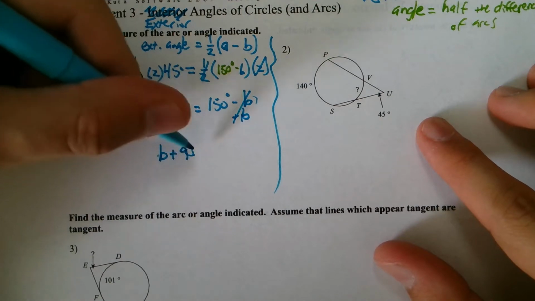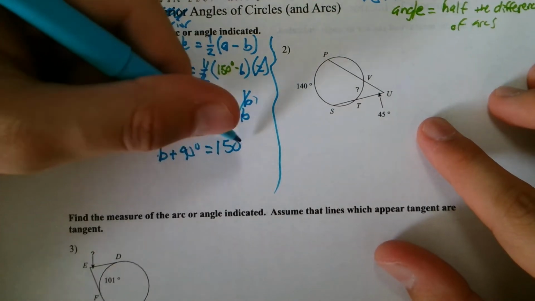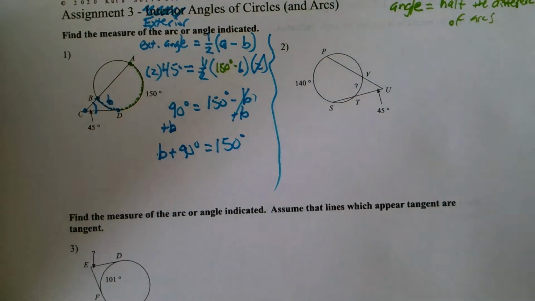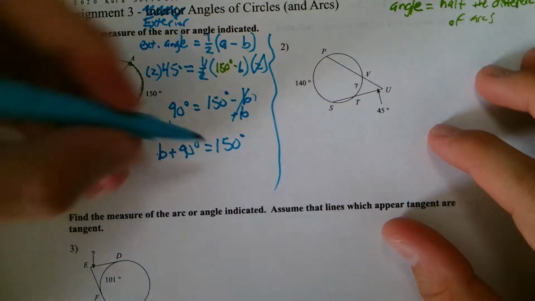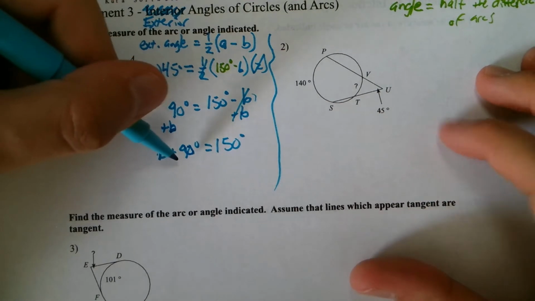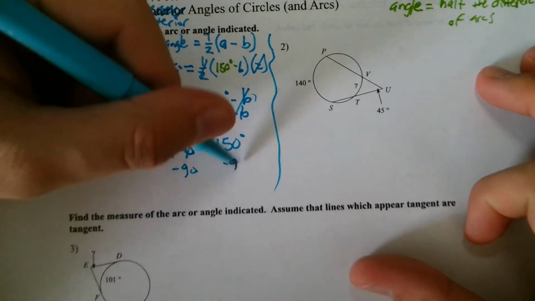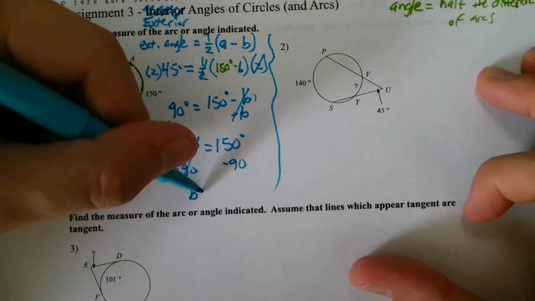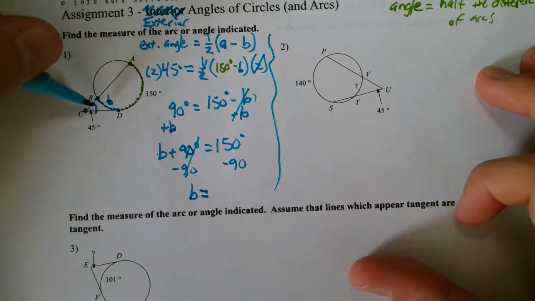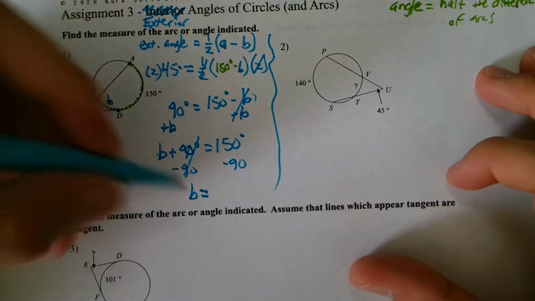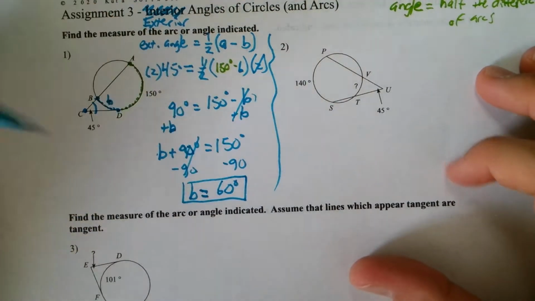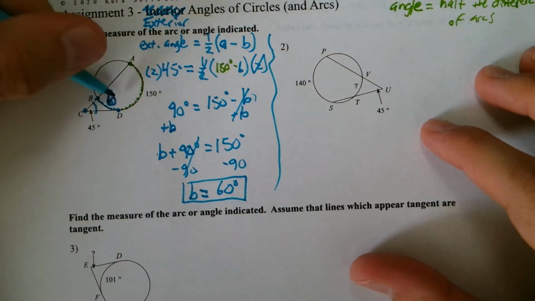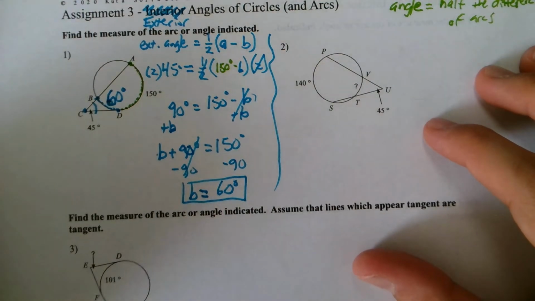B plus 90 equals 150. And you see how with that step I've just made B positive, makes my life a little easier. Now the last thing I have to do is take away this 90, and then B, the measure of the missing arc, is going to be 150 minus 90, which is 60 degrees. So this blue arc right here is 60 degrees.